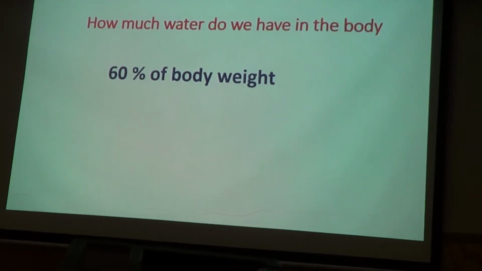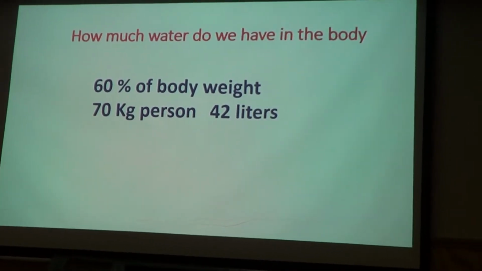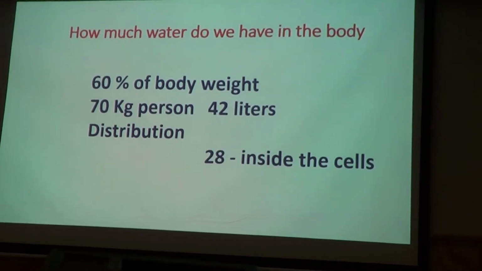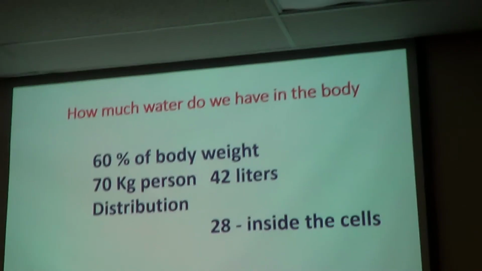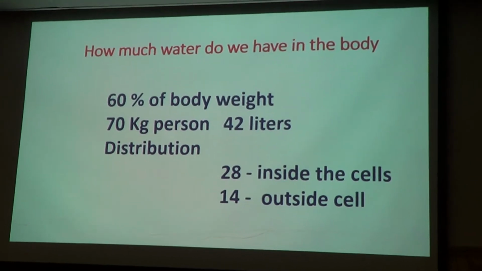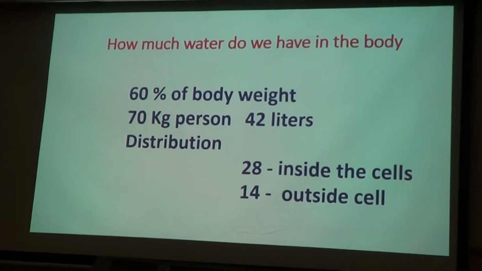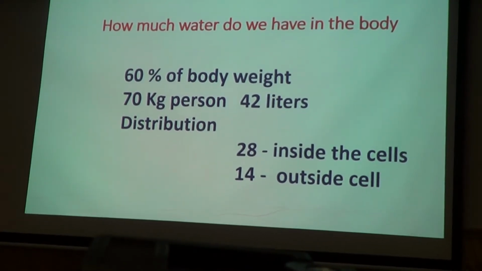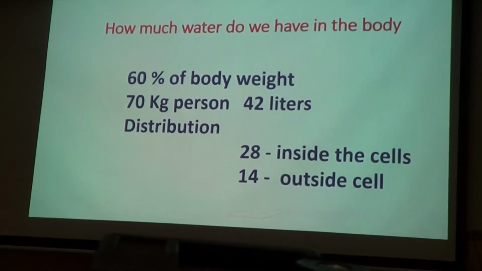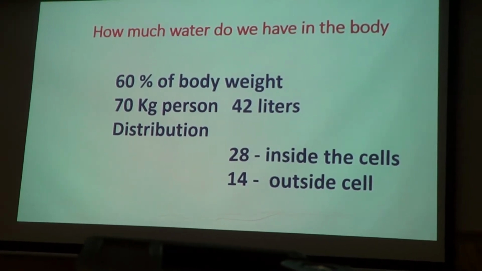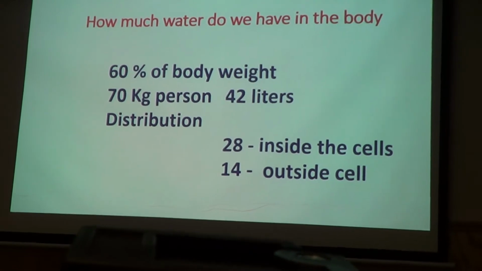Where is it? Most of it is in the cell, within the cell. 28 liters is inside the cell and 14 liters outside. Outside where? In the blood compartment is only 3 liters. The rest is in the space that I already described to you. So that's normal physiology.